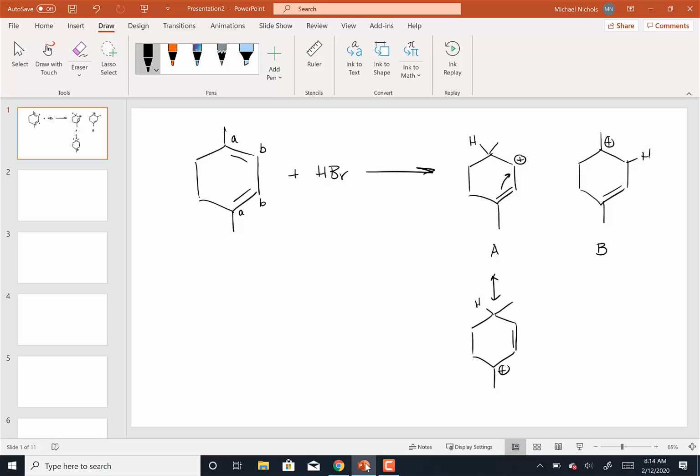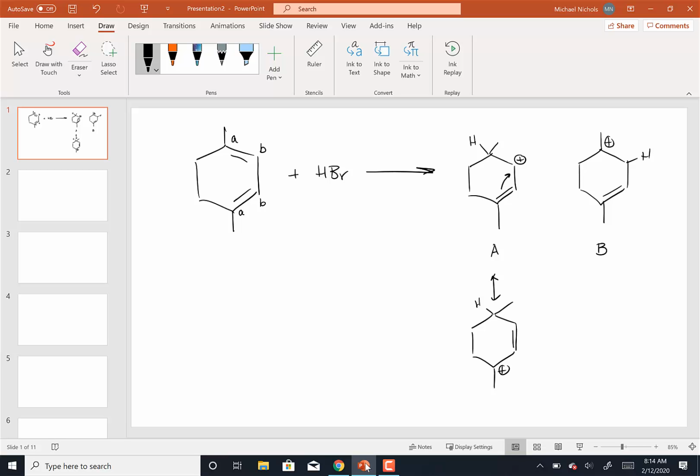Okay, so I'm going to basically write the allylic carbocation resonance structure just like we did on Monday. What resonance structure can I draw for B? I can't. There's no other resonance structure for B.